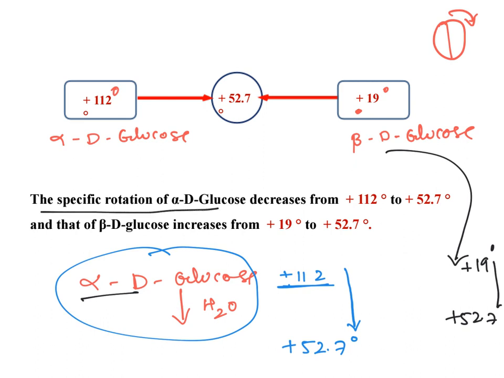The specific rotation of alpha D glucose decreases from 112 to 52.7, and in the beta D glucose case it increases from 19 to 52.7, and this phenomenon we call mutarotation of glucose.